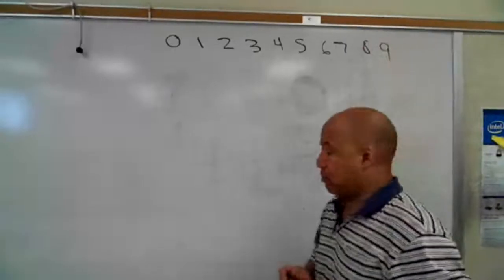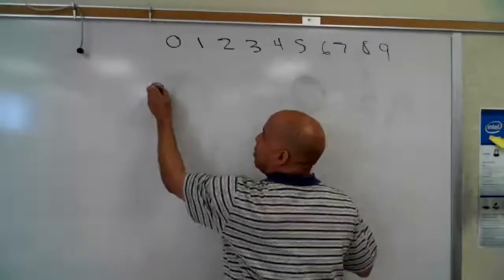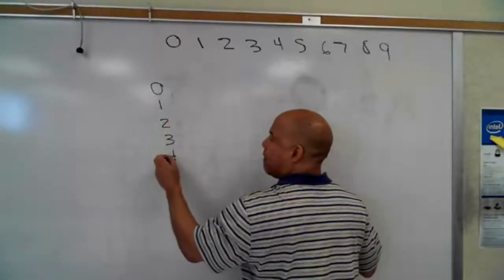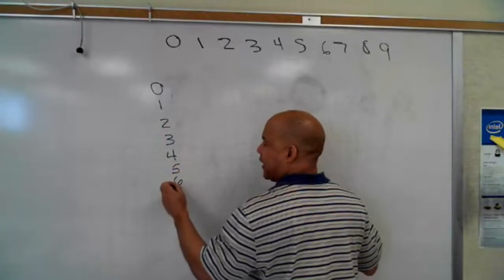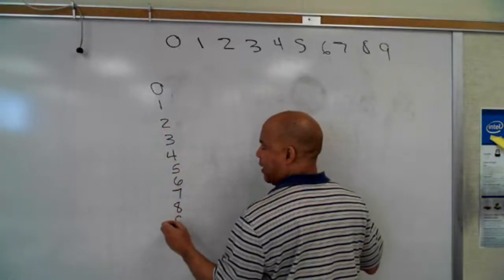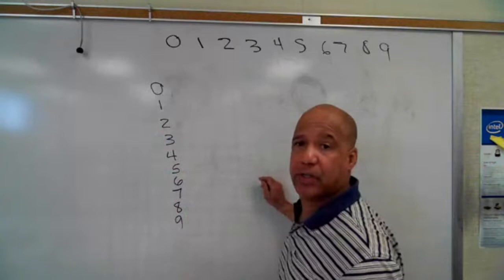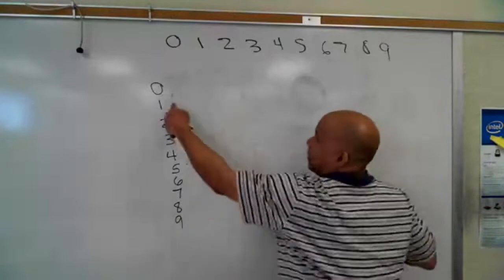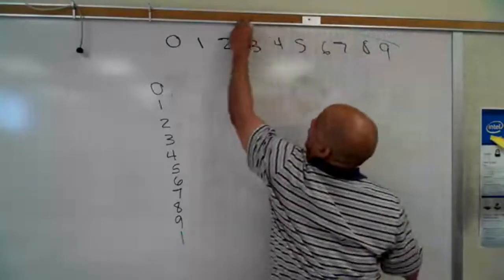So if I want to count, I do like this. I say, all right, I got 0, I got 1, I got 2, 3, 4, 5, 6, 7, 8, 9. Uh-oh, I'm out of digits. What do I do when I'm out of digits? Then I'll put the next digit here, a 1, and then I'll start to repeat these.